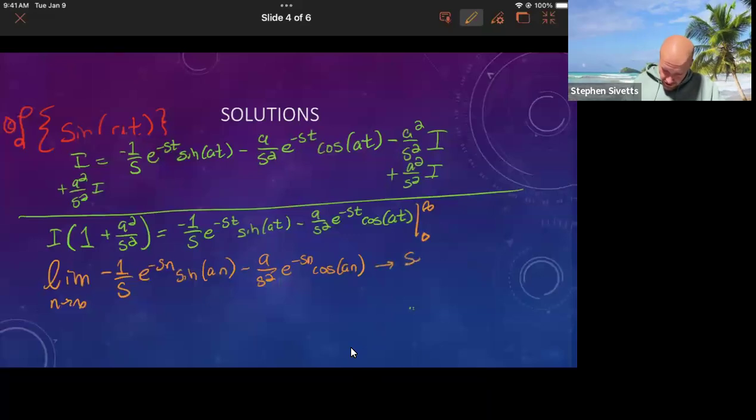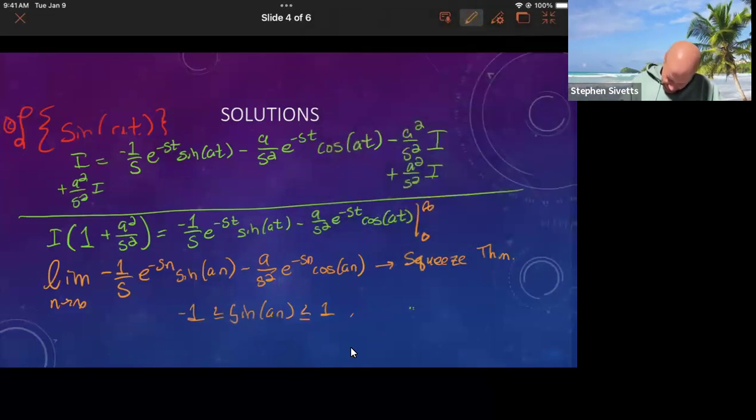So we're going to use the squeeze theorem, right? The squeeze theorem. Now, sine and cosine will always be in between negative 1 and positive 1, right? So you can apply the same logic to cosine.